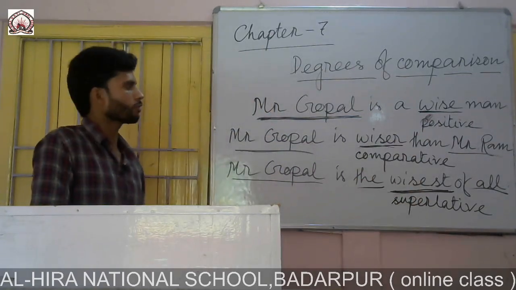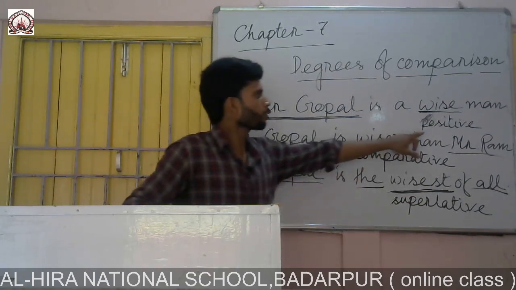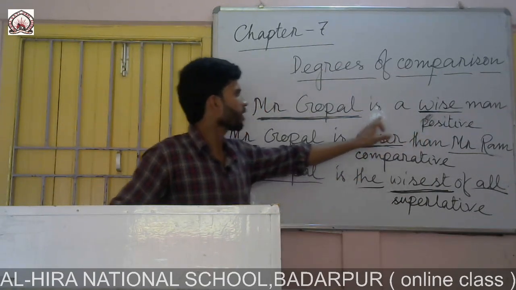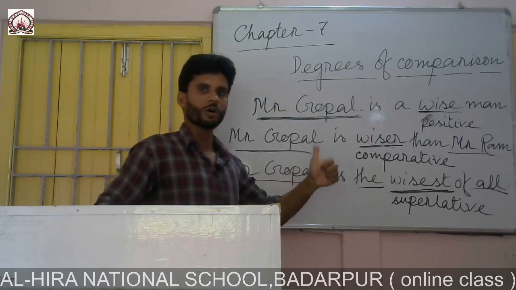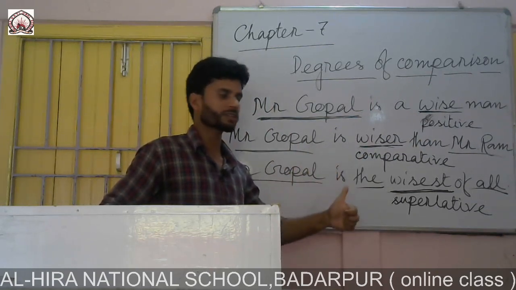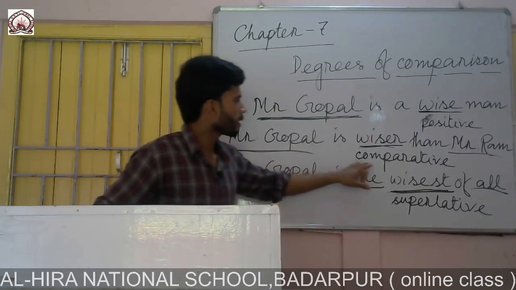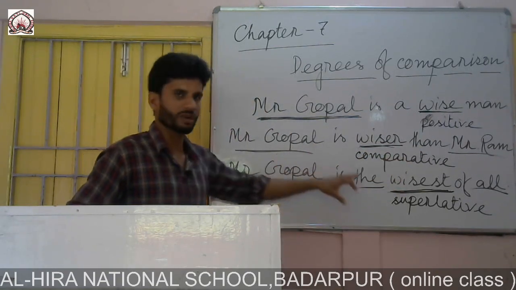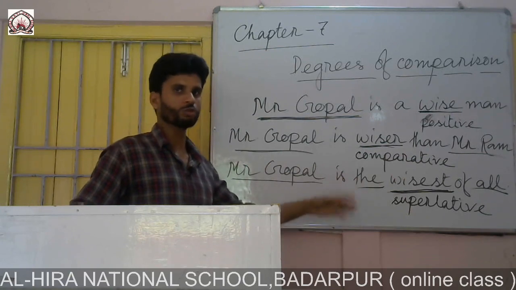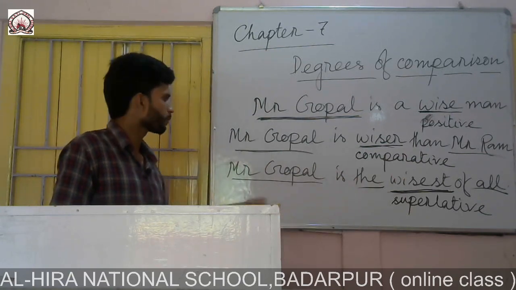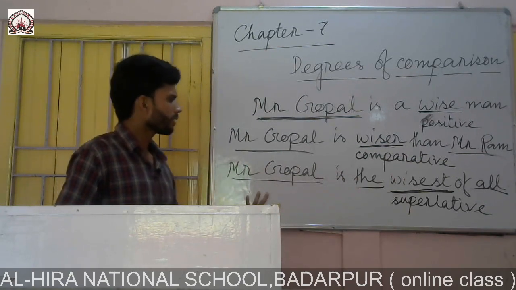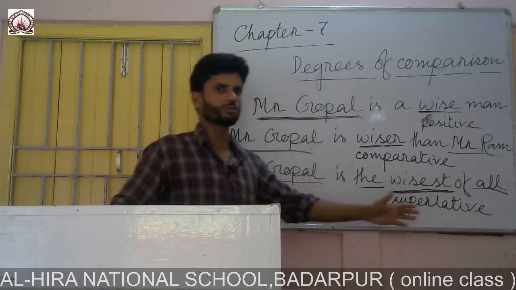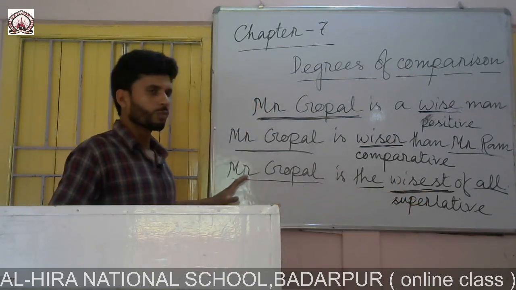These are the 3 degrees of comparison, and positive degree is used to describe only one person or group or item or a thing. Comparative degree is used to describe 2 persons or 2 groups or 2 items or 2 things, and superlative degree is used to describe more than 2.